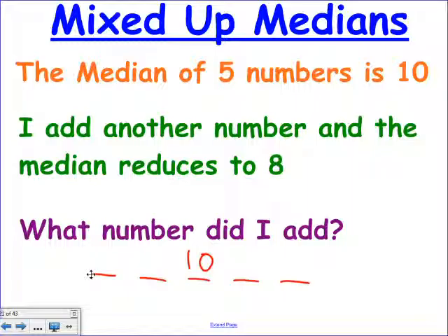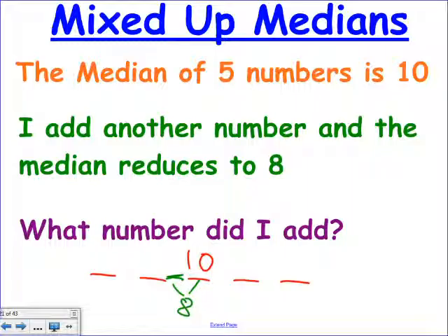Now, when I add another counter, my median goes from 10 down to 8. So which side of 10 is my new piece of information going to go? Is it going to go to the right or to the left? Left. Why is it going left? It's taking away. Good. It's going to reduce what my median is. So something plus 10 is going to reduce my median to 8. So I know that this number plus this number is going to give me a median of 8.